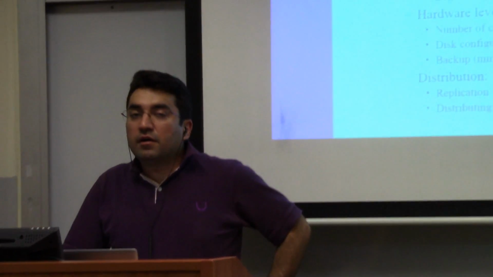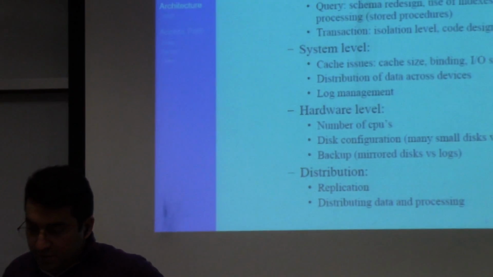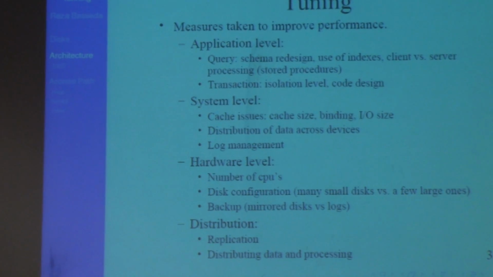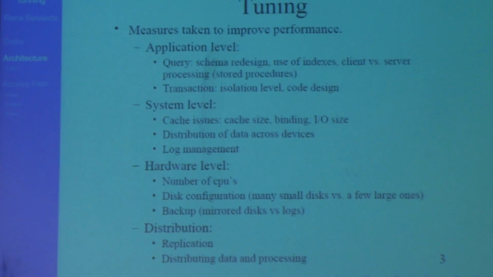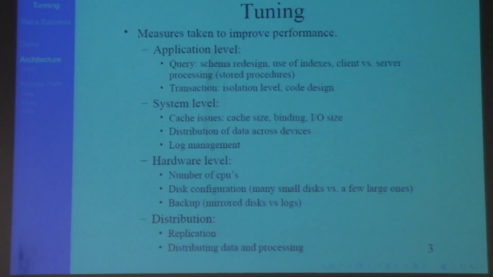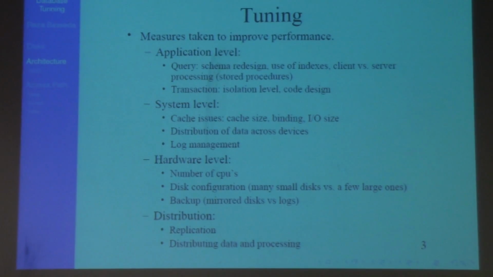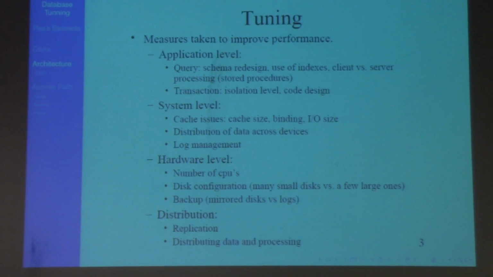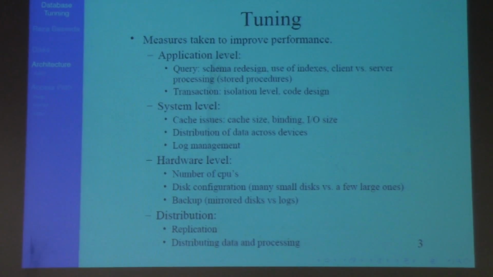Database tuning can happen at 4 levels. The first level is the application level. What does it mean? You design the database for an application, but you realize that the performance is not good. What do you do? You add indexes, you change the schema, you change the keys.